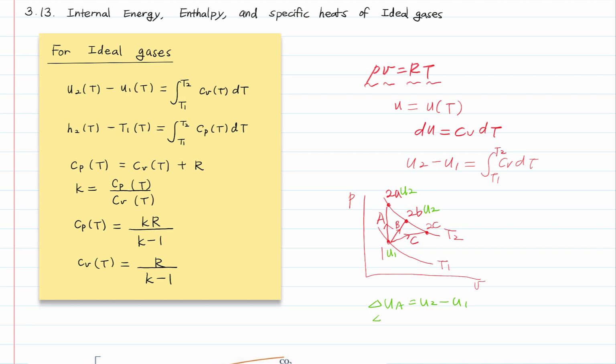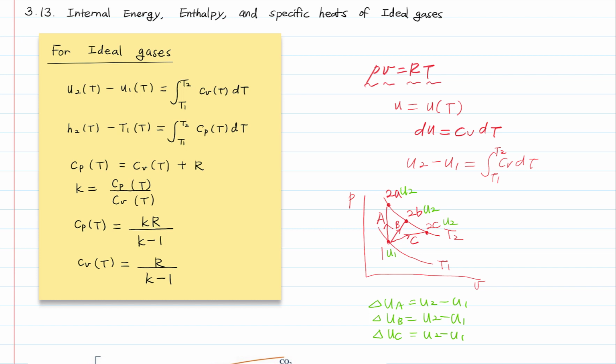So the internal energy change for process B is U2 minus U1. And we will get the same result for process C. Since the internal energy at state 2C is also U2, internal energy change for process C is U2 minus U1.